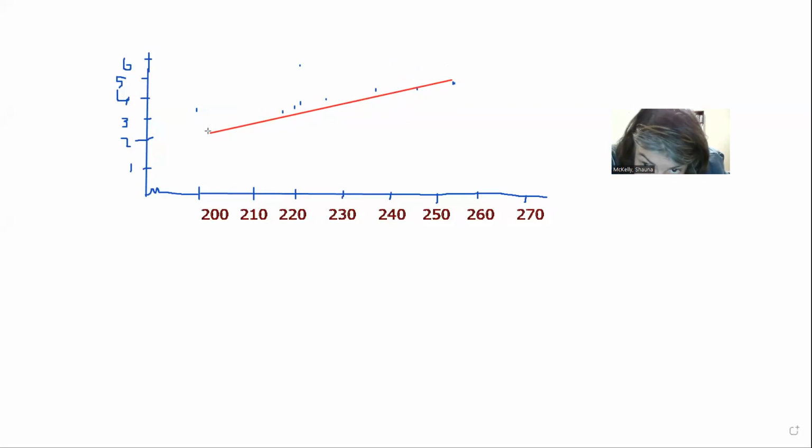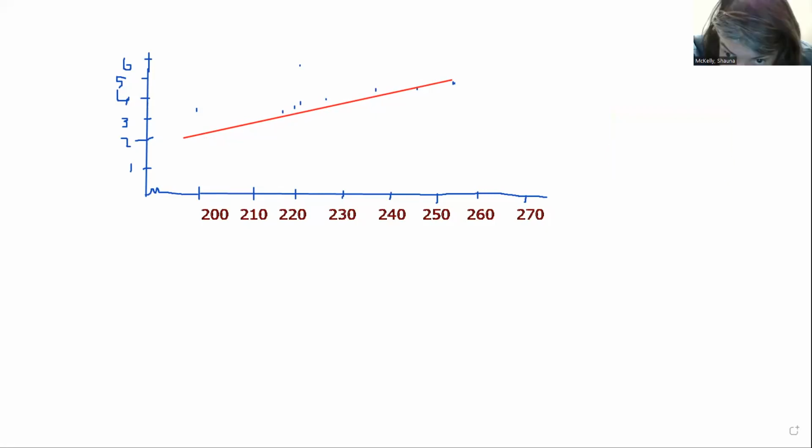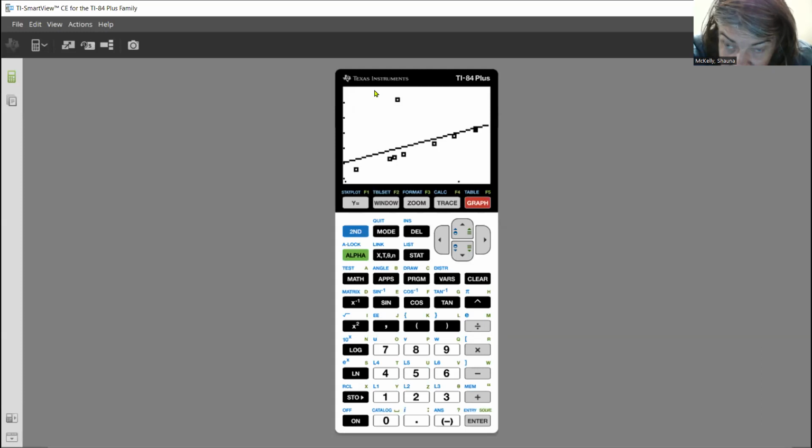It's got to graze most of those points. So something like that is my regression. And let me make sure that I did that right, because actually I need the points to be below my line. So I have to do this again.